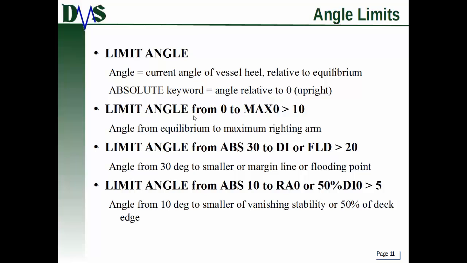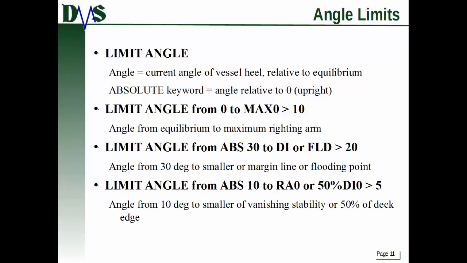So there's our keyword, and notice here's our from keyword for our angle, then that's a number, to max 0. Now remember, no absolute keyword here, so it's from equilibrium. We're asking for the limit from equilibrium to the maximum righting arm, the angle at which the maximum righting arm occurs, and GHS knows how to find that.